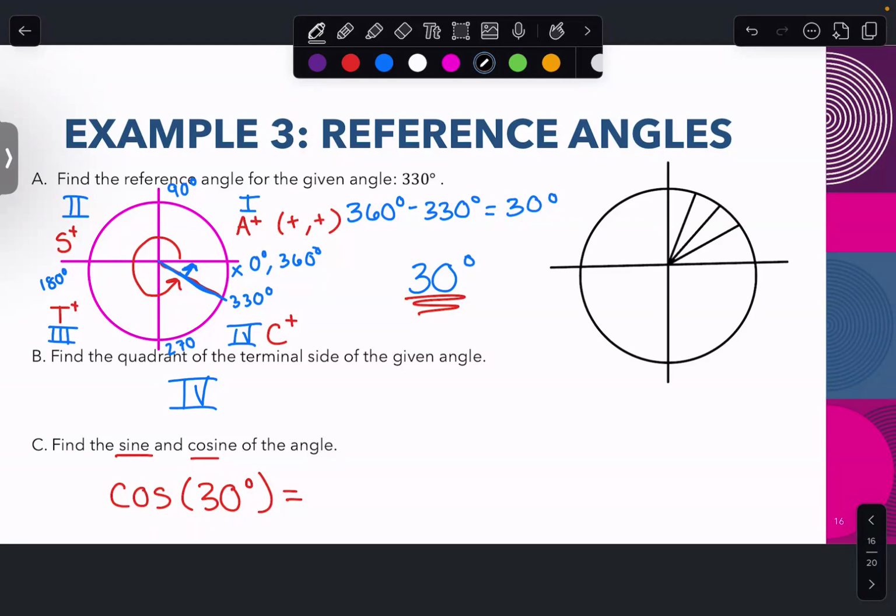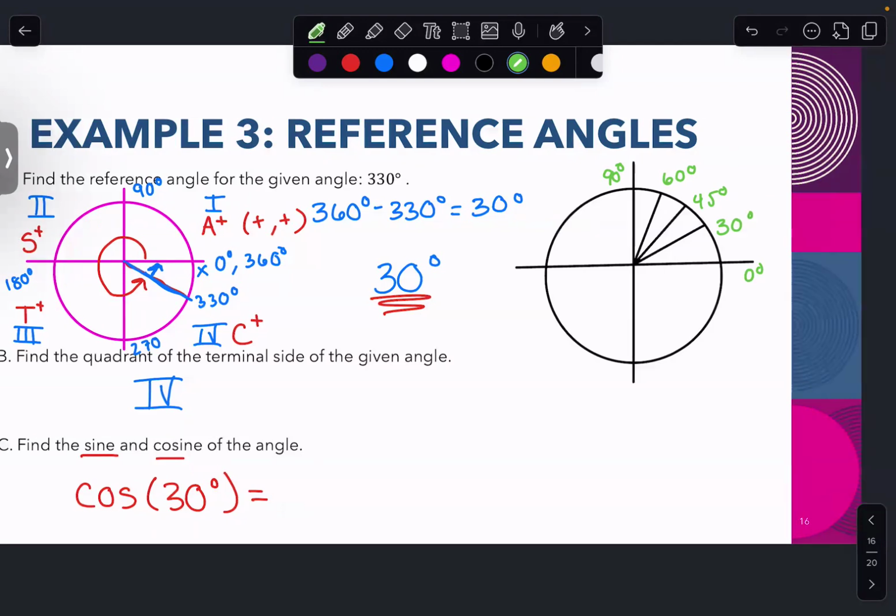So here I've drawn, to the best of my ability, the 3 most important angles that we talk about, which are going to be 30, 45, and 60 degrees. Of course, all of these are important too, but if I want to find the reference angle of 330 degrees, I need to know what are sine and cosine of 30 degrees.